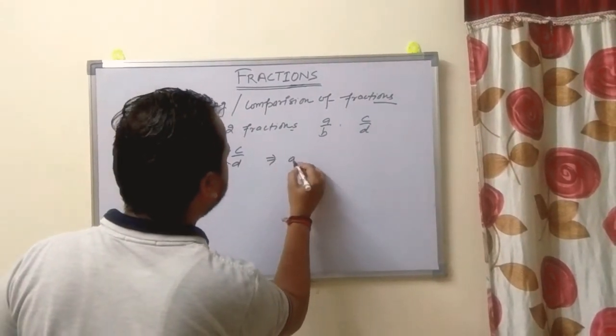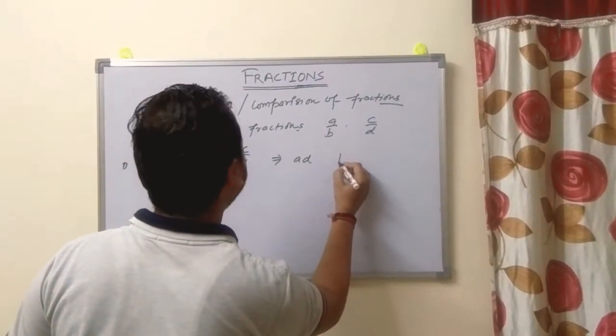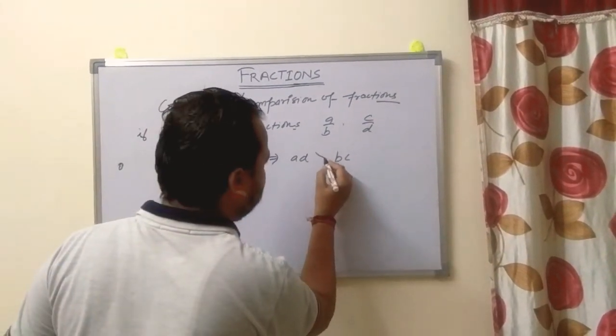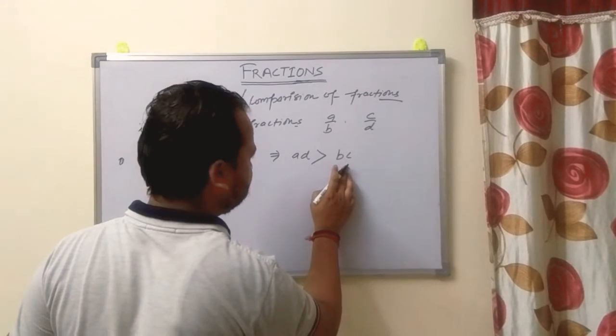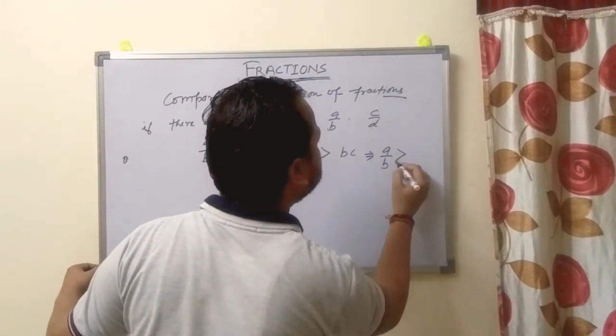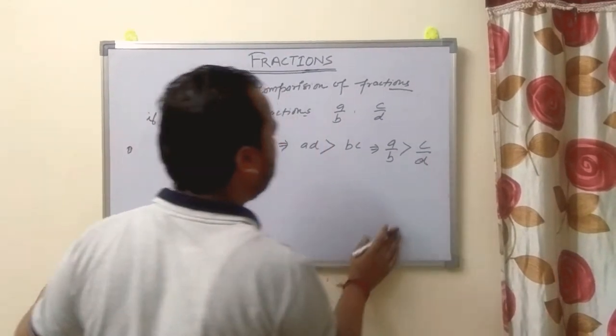We get AD and BC. If AD is greater than BC, it means A by B is greater than C by D.